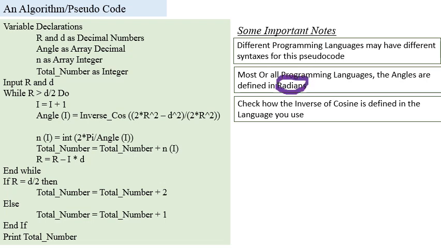So be aware of that fact. That's why in this step the radian will be converted back into degrees. Or maybe you can just keep it in radians and use 2 pi instead of 360. And then you need to check particularly the inverse of cosine, because different programming languages may use different syntaxes for the inverse cosine of an angle.